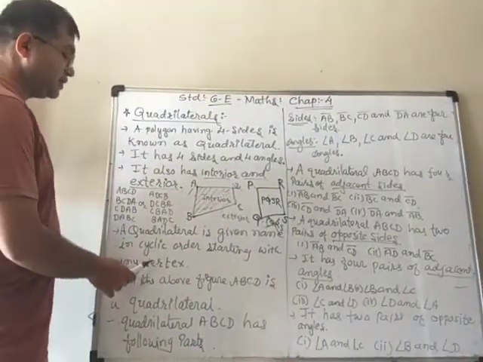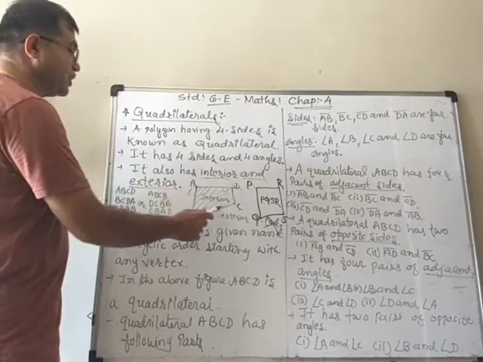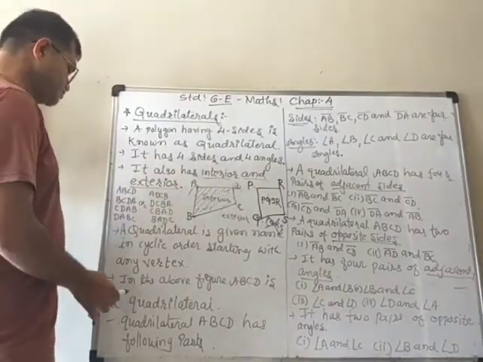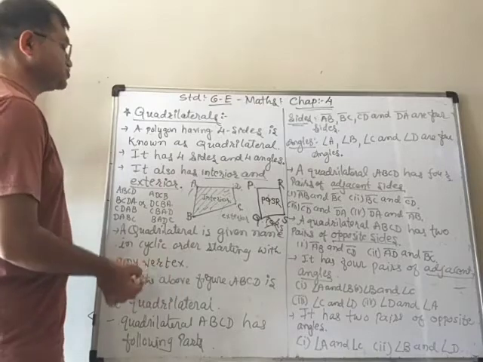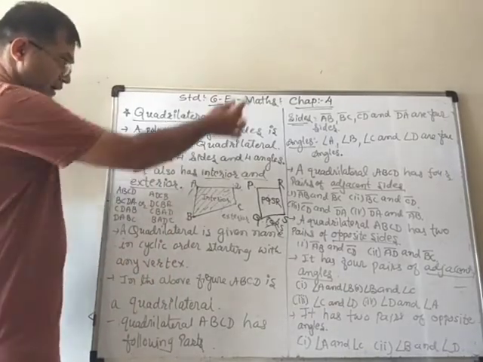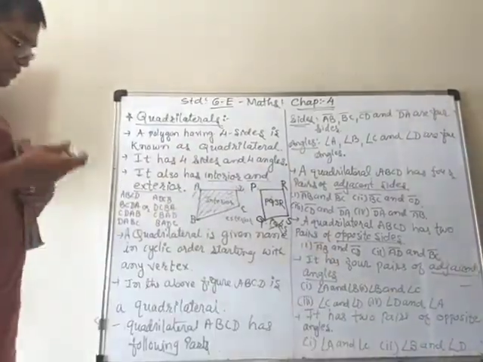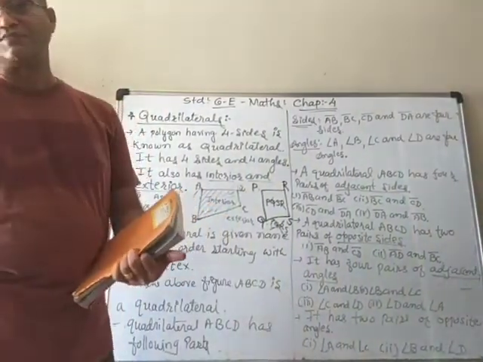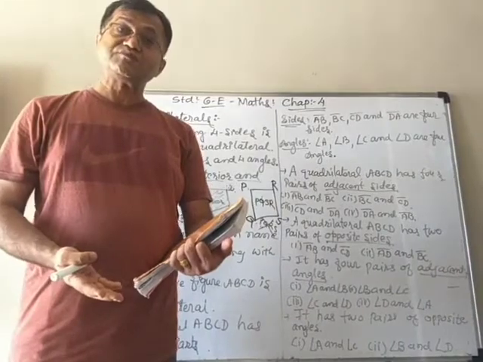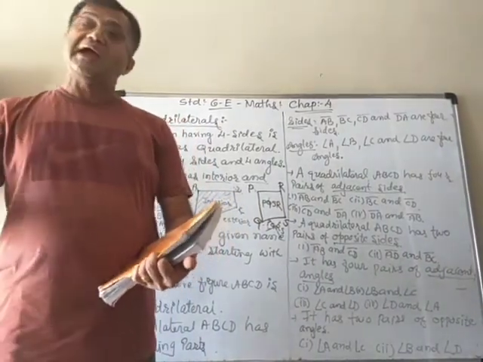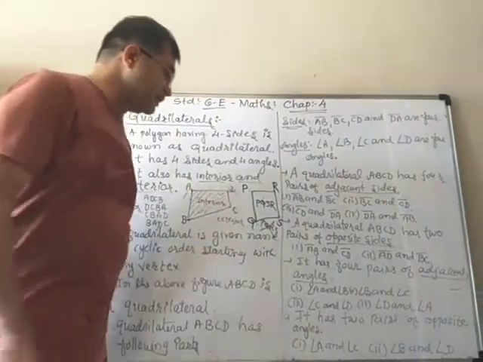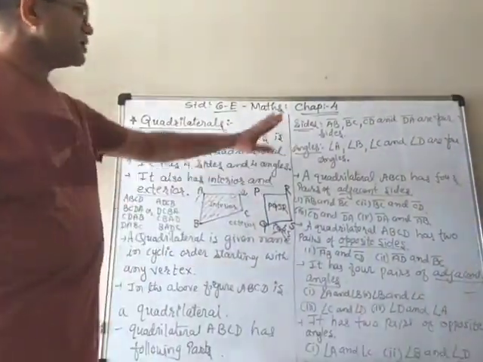Now, as we already know, this quadrilateral is quadrilateral ABCD, and the different parts of ABCD are shown here. Different parts means the sides, angles, adjacent sides, opposite sides, adjacent angles and opposite angles, that we will learn now.